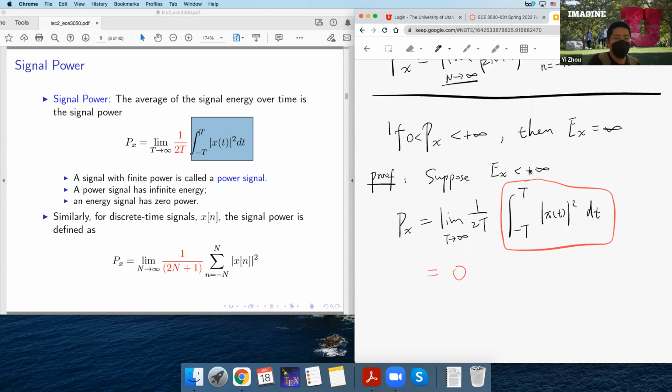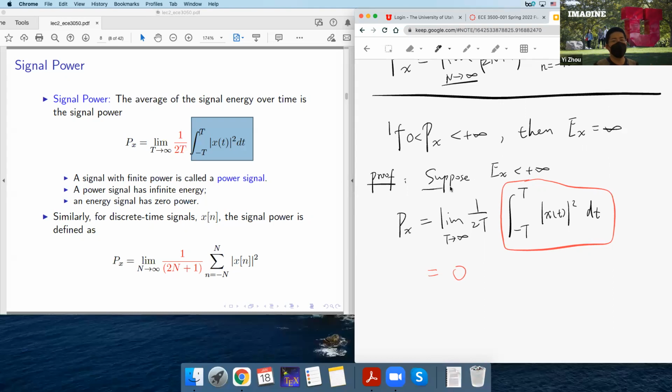Okay, so this is a proof by contradiction. We want to prove that the energy is infinite. So the logic here is that we prove by contradiction. We assume the conclusion is wrong. We assume the energy is finite. Then we show some contradiction. So that means it has to be infinite.